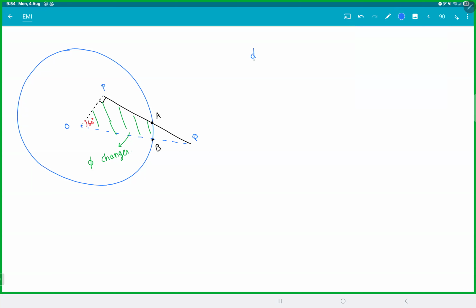So d phi by dt in the loop O, P, A, B, O, or actually you can take the full loop, anyway outside the field is 0, is the EMF in the loop. So the flux in the loop is nothing but the magnetic field into the area of O, P, A, B, O.